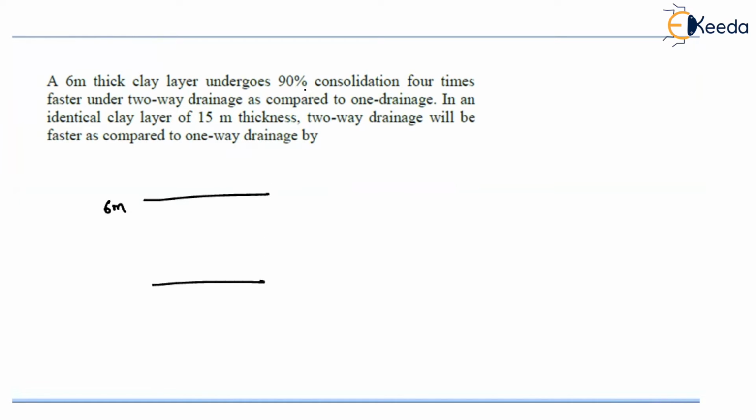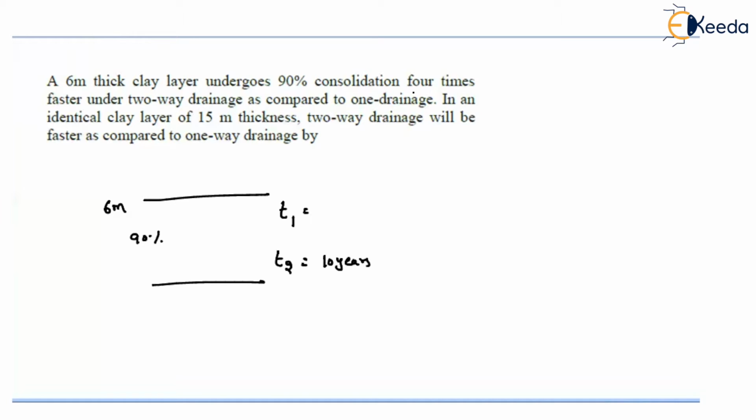For 90% consolidation, it is 4 times faster under two-way drainage as compared to one-way drainage. Suppose for one-way drainage the time is T1, and for two-way drainage, let us say it takes 10 years.